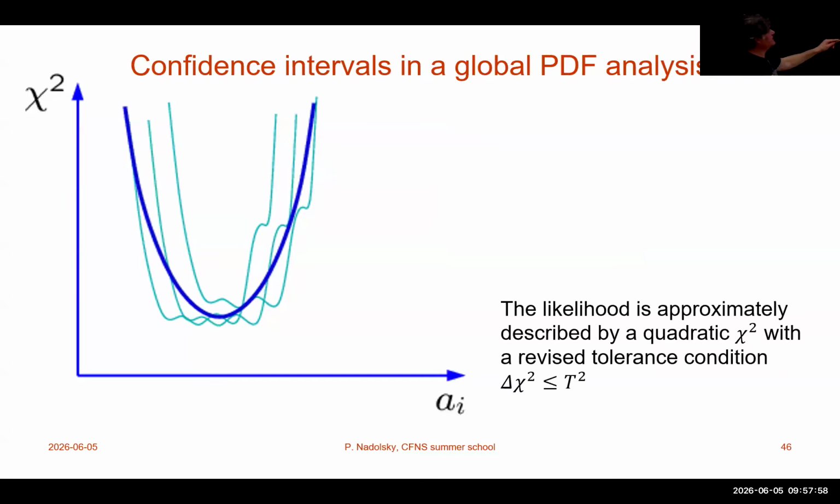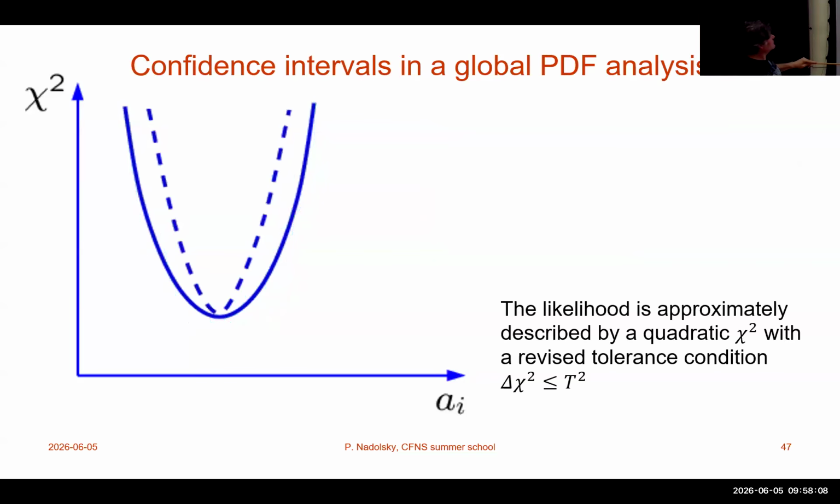Okay, so you have many solutions, but you write a Gaussian emulation that on average reproduces the likelihood according to all the solutions. And then this Gaussian approximation results in a parabola that is generally wider than the parabola corresponding to delta chi-squared equal 1, because it contains additional pieces of information.